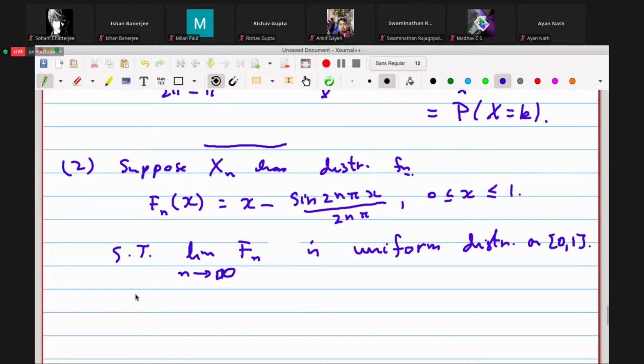Okay, but the density functions fn of x do not converge.